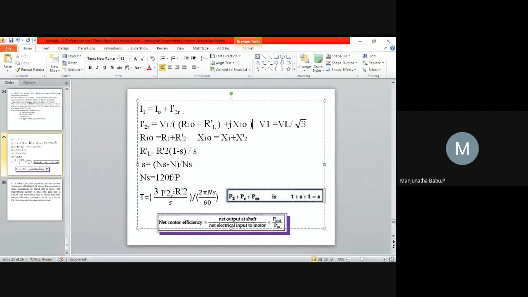Yeah. So that is your input current. Okay. So input current I1 in magnitude will be equal to 57.51 amps, and the power factor will be cos of 29.01. You see how much we'll get.